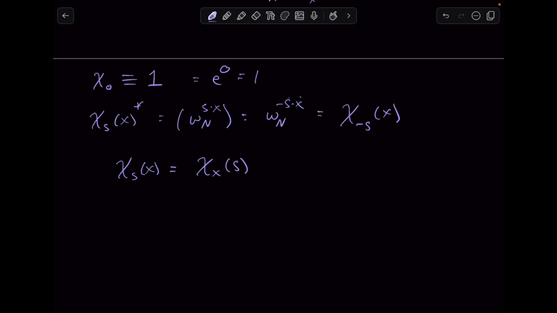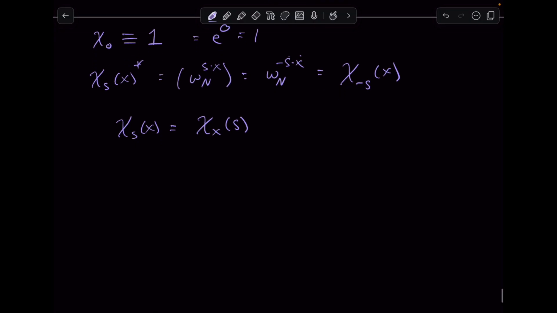And another thing that we get out of the fact that we're using the exponential function is that we turn multiplication of these Fourier characters into addition on their inputs. This is easily checked, but the property is chi of s on x times chi of s on y is equal to chi of s on x plus y.